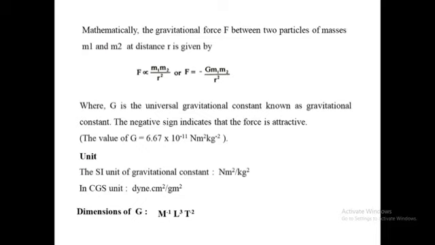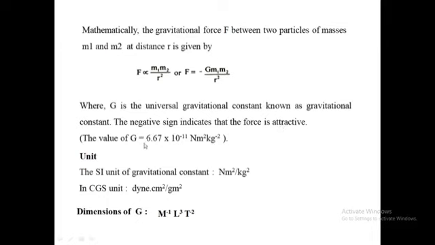Therefore, mathematically, the gravitational force F between two particles of masses m1 and m2 at a distance r is given by F is directly proportional to m1 m2 upon r square, or we can write F is equal to minus G m1 m2 upon r square, where capital G stands for the universal gravitational constant, known as the gravitational constant, and here the negative sign indicates that the force is attractive.